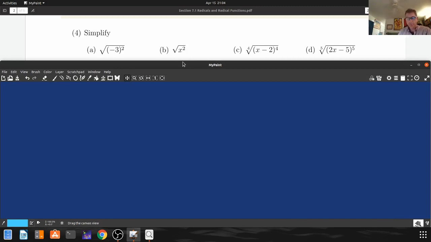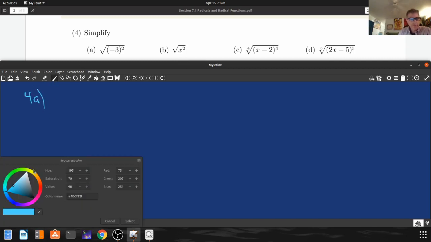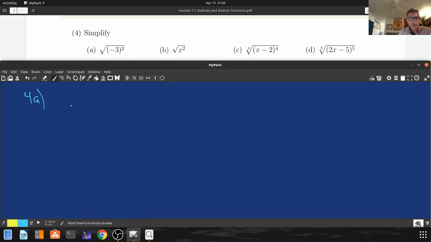So, 4A. We want to find the square root of minus 3 squared. Well, minus 3 is my x there, and I know it's the absolute value of minus 3, which is equal to 3.